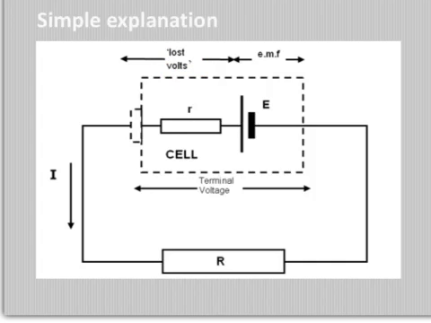We can't use it. What's available to us for the external circuit is called the terminal voltage. So terminal voltage is simply equal to EMF minus lost volts, and this terminal voltage can be used by the external resistor R.